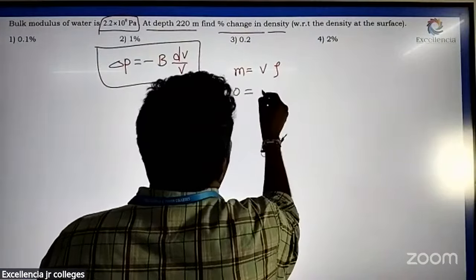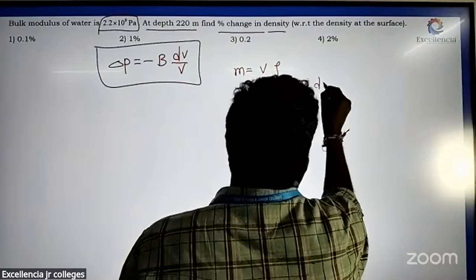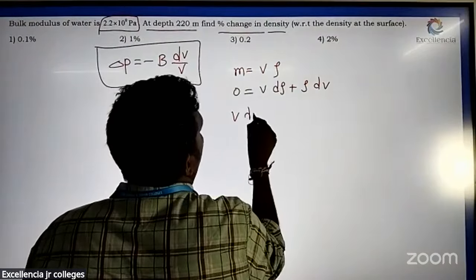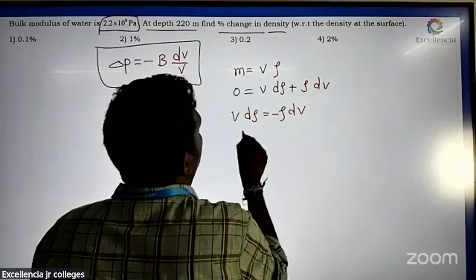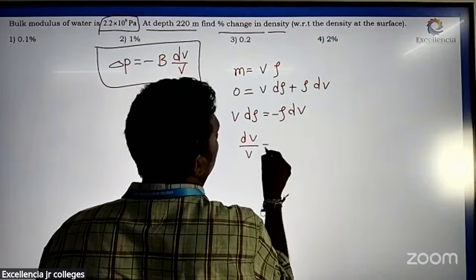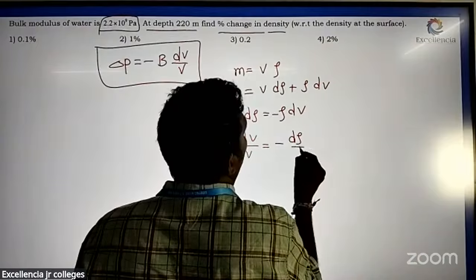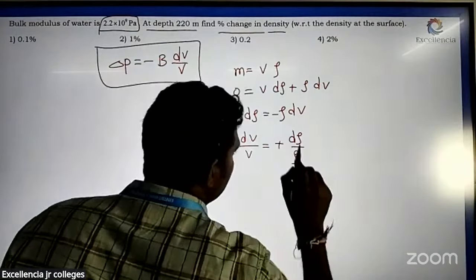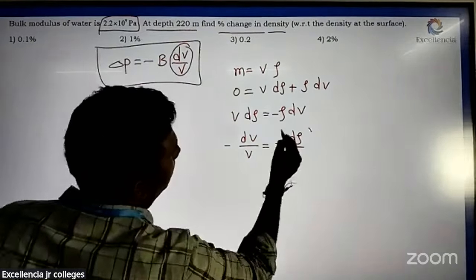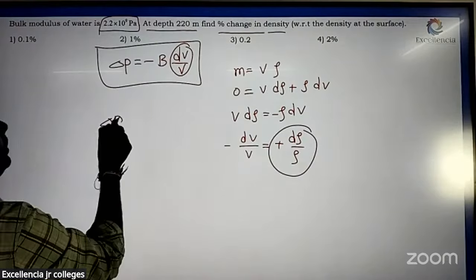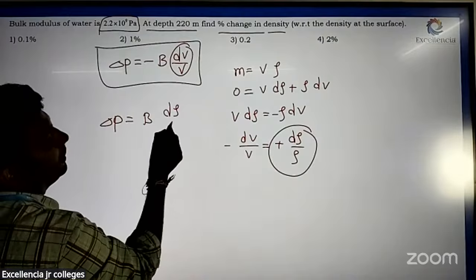We differentiate: V d rho plus rho dV equals 0, so dV by V equals minus d rho by rho, so that I can substitute. From this, you can substitute in place of dV by V, d rho by rho. So delta P equal to B into d rho by rho.